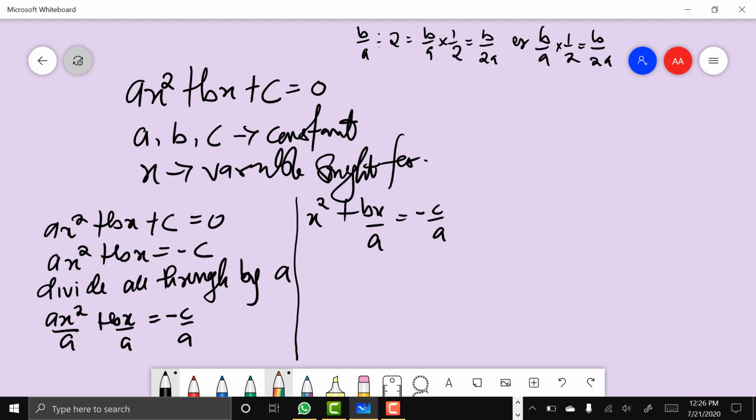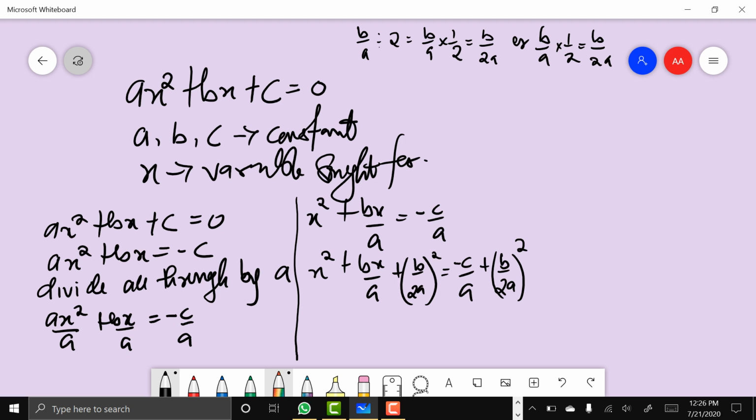So when you get this value, you square it and add it to both sides. So you have x squared plus bx over a plus b over 2a all squared equals minus c over a plus b over 2a all squared.